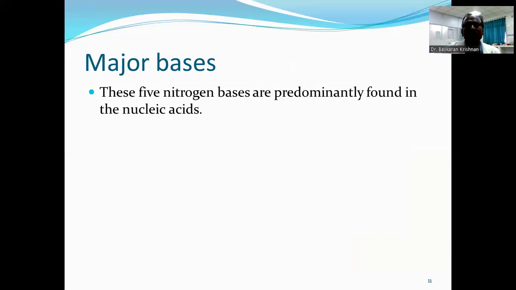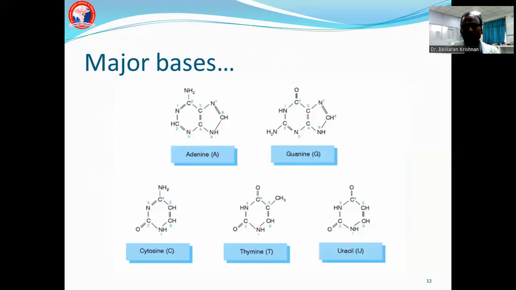These 5 bases, adenine, guanine, cytosine, thymine, uracil, are predominantly found in nucleic acids, and therefore they are called major bases. Among these 5 bases, thymine is present in DNA, while uracil is found in RNA.